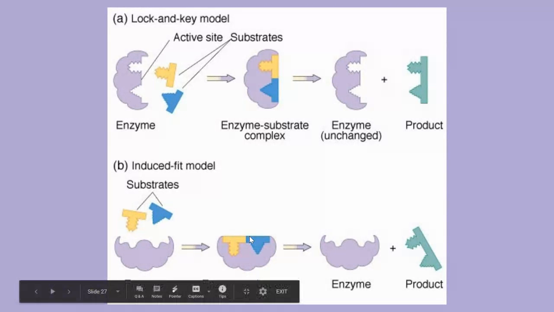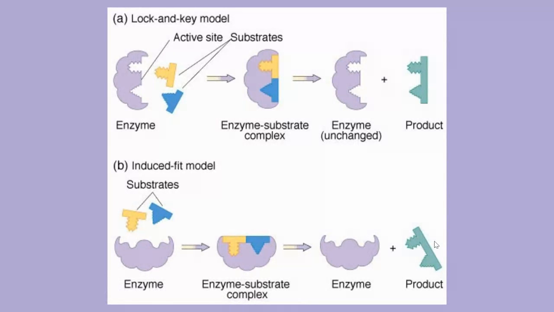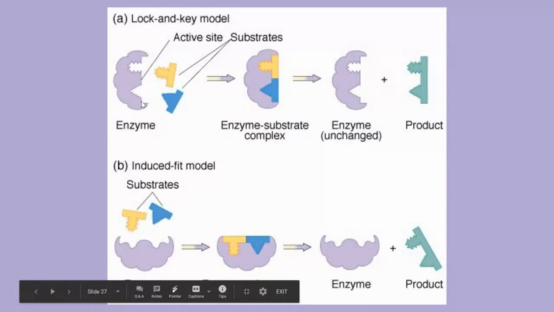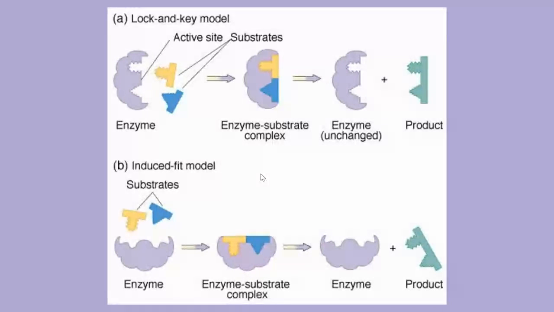Then, after the reaction takes place, the enzyme is released to be reused over and over, and the product is made. Either way, with either model, you get a similar product. It's just that these are two different theories about how enzymes are actually shaped. So, lock and key, it's already perfectly shaped. Induced fit, it's got to change a little bit when the substrates come near.